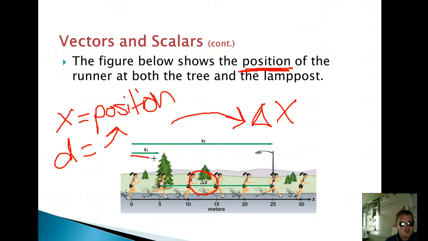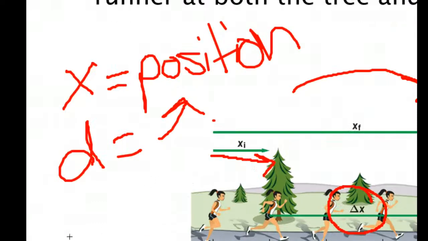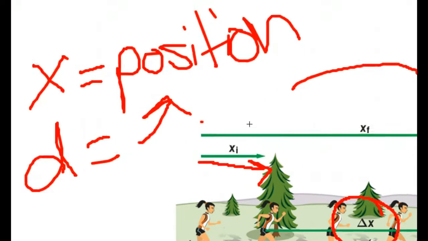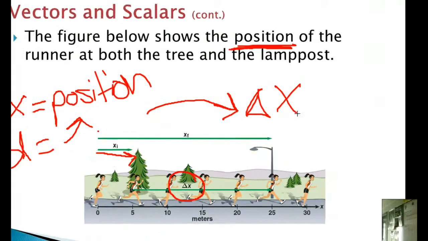Notice that this vector goes this far. This vector goes this far, okay, so from left to right. And what ends up happening, there we go.